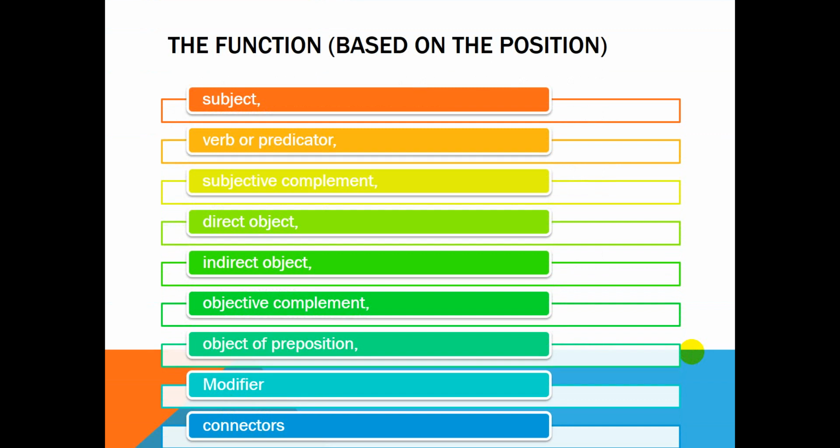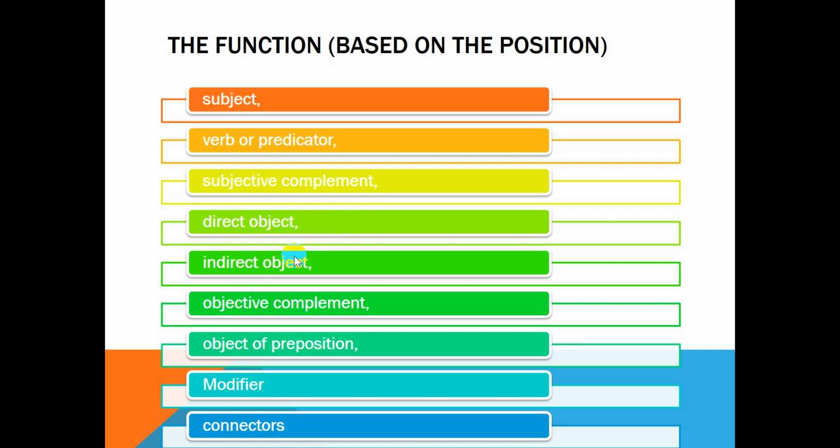The first one is a subject. The second one is verb or predicator. And then subject complement, which is in patterns 4 and 5. And then direct object, which you get in patterns 7, 8, and 9.